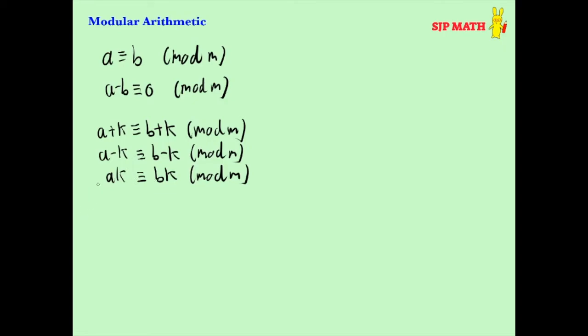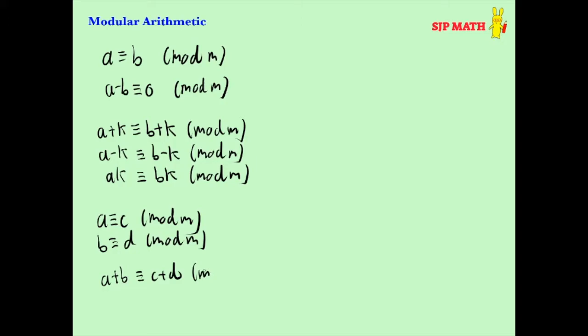Okay, and also we learned the addition, subtraction, and multiplication rule for modular arithmetic. So if a is congruent to c mod m, and b is congruent to d mod m, then by the addition rule, we know that a plus b is congruent to c plus d mod m.